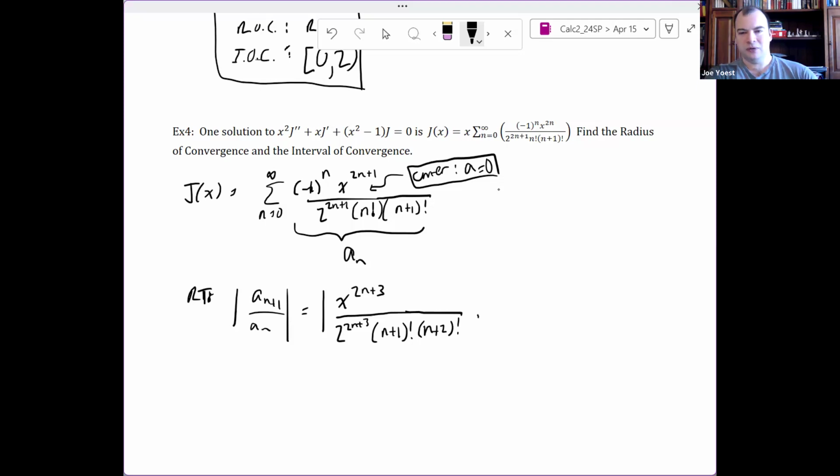And then I need times 1 over a_n, so that puts in x to the 2n plus 1 on the bottom. 2 to the 2n plus 1, n factorial, n plus 1 factorial on top.